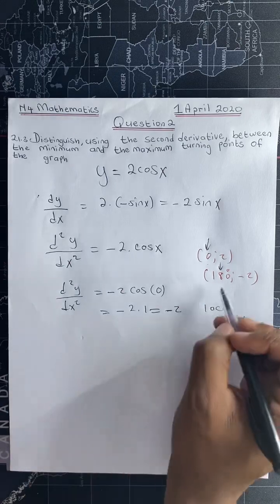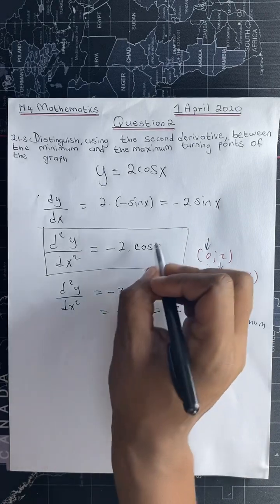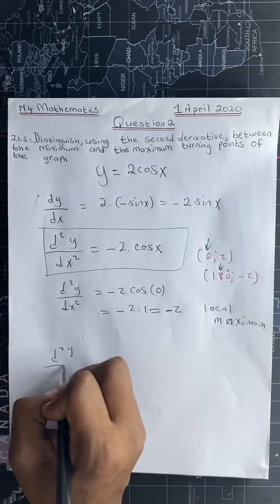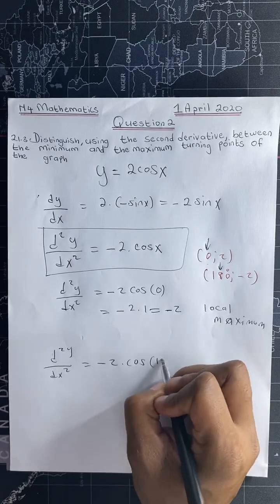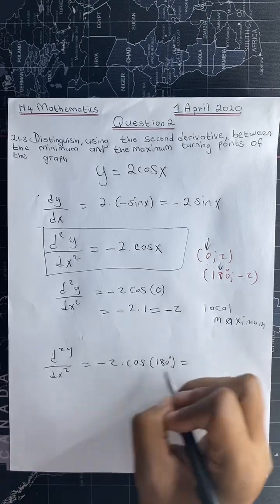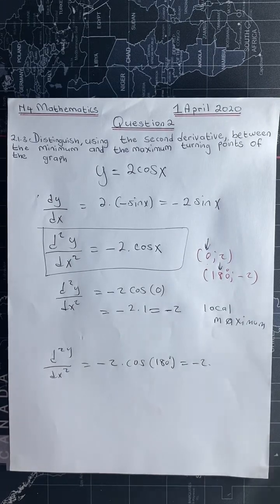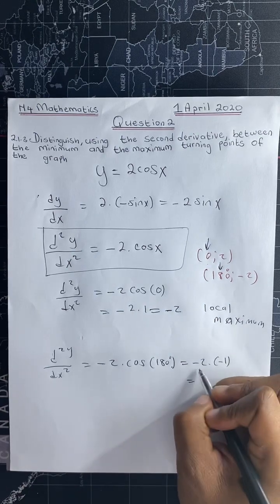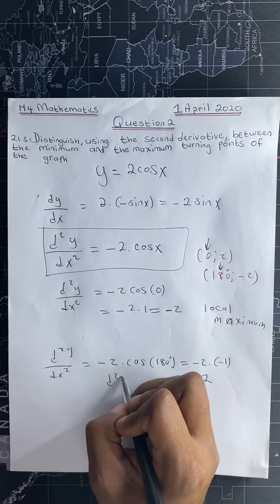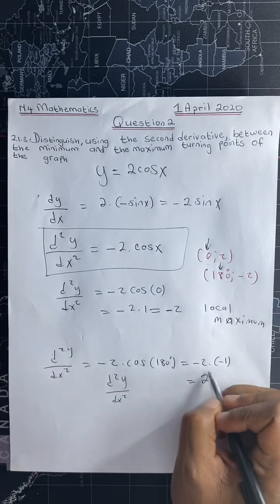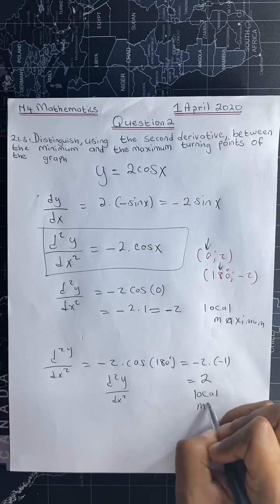Then we substitute 180 degrees into the second derivative equation. d squared y over dx squared is equal to negative 2 cos of 180 degrees, and cos of 180 is negative 1, and negative 2 multiplied by negative 1 will be positive 2. Since this is positive, this will be a local minimum.